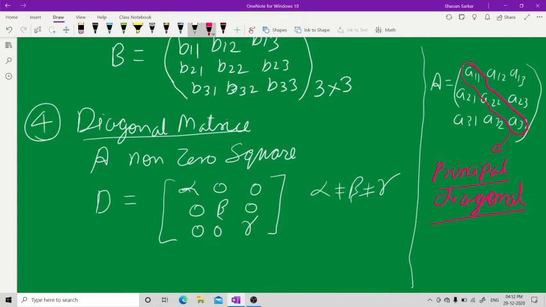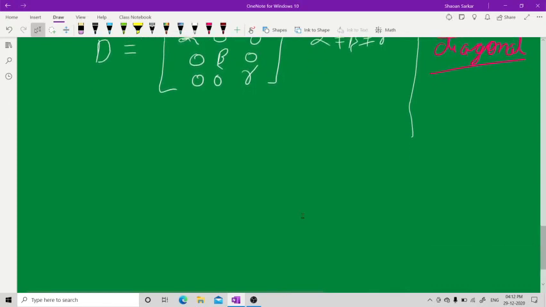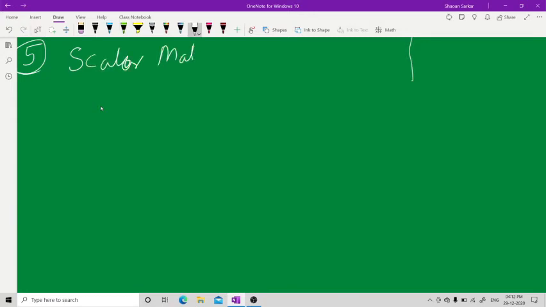Let us now see the next one. The next one is our scalar matrix. This is our fifth type. It is a special form of a diagonal matrix.